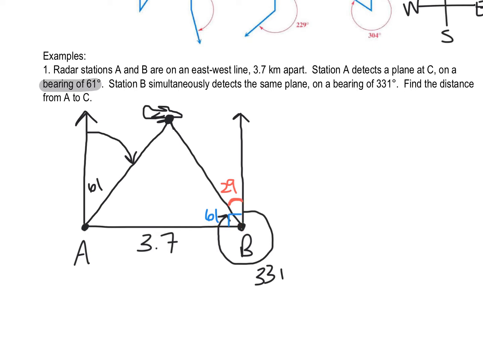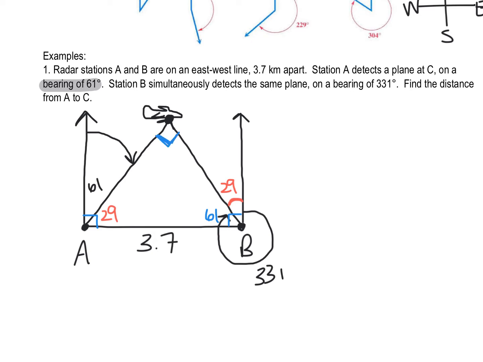If that's 61 degrees, I can do the same thing over here. I have north and east, so I have another right angle in this spot, which means that this angle is also 29. Then remember we have a triangle here, so 29 degrees, 61 degrees, what is this? Believe it or not, mathematically, when you subtract, it ends up being a right angle as well.